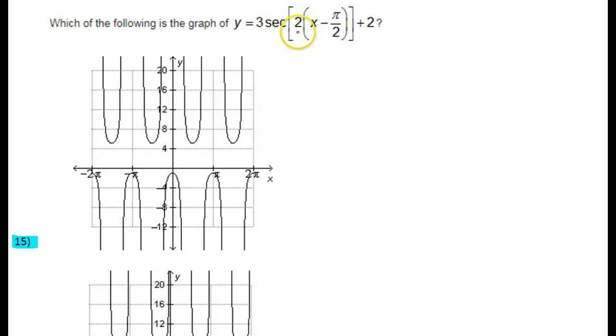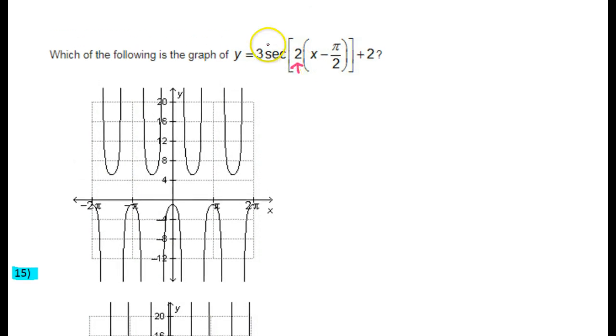I think I'll start with what we call the B value. Normally we refer to this as the A value, which tells us the amplitude when we're dealing with sine and cosine. And this is the B value. Now the B value is important because it affects the period. So here is a little formula that I want you to write down.